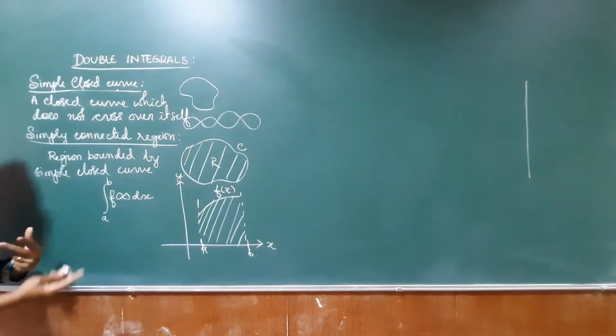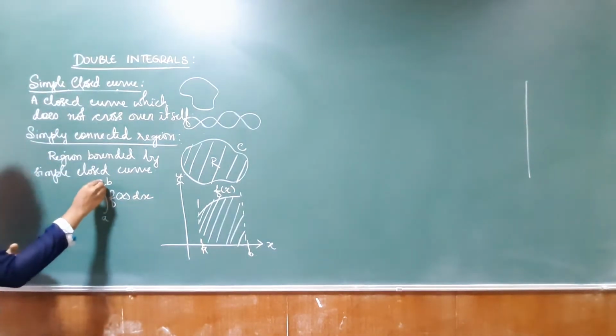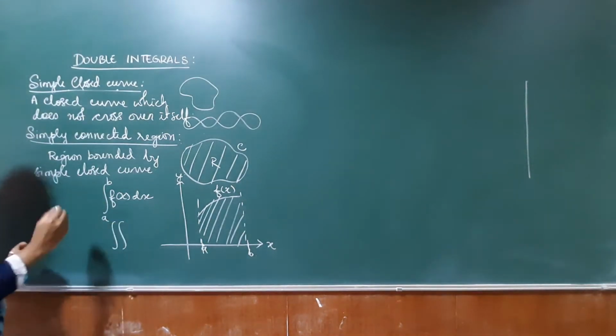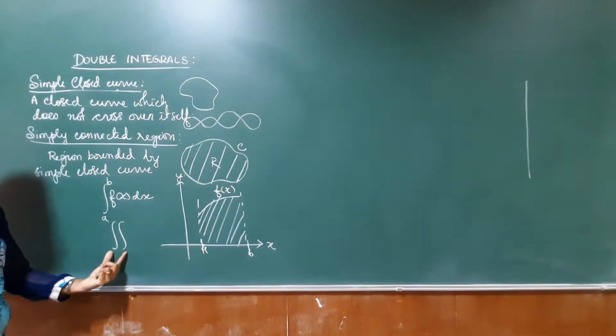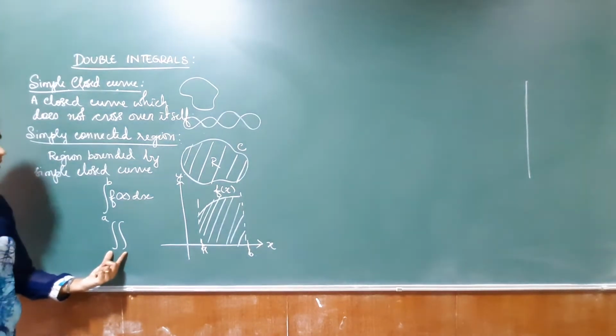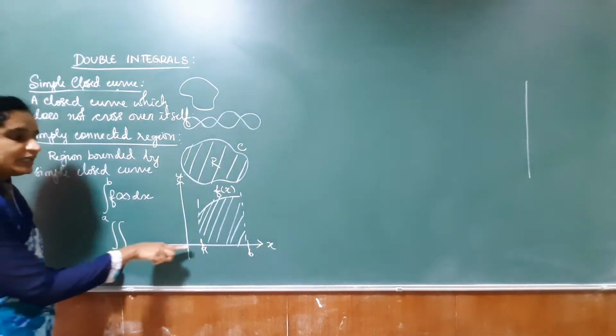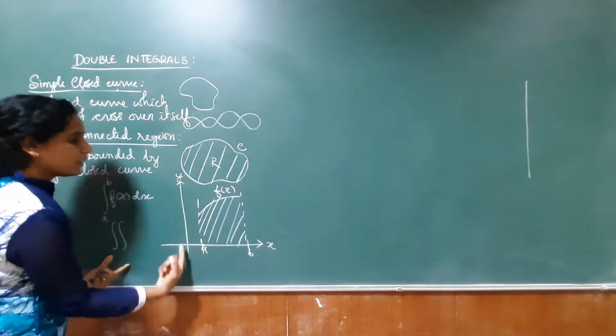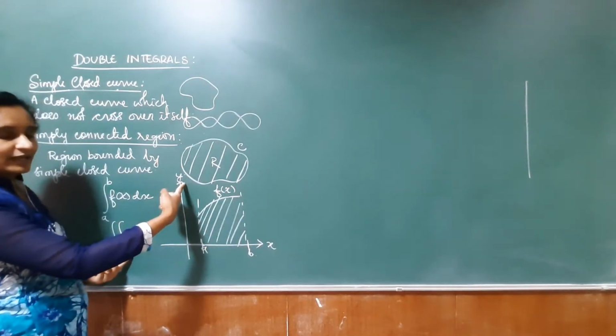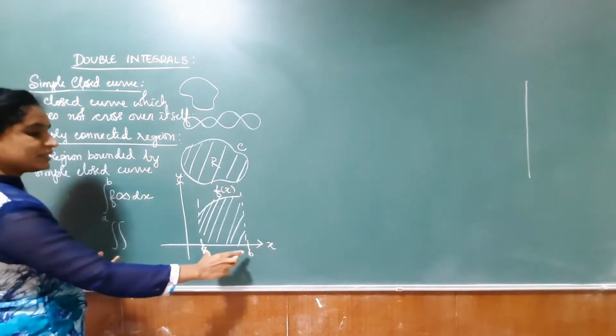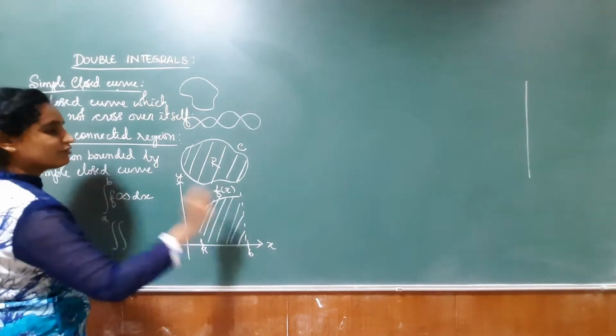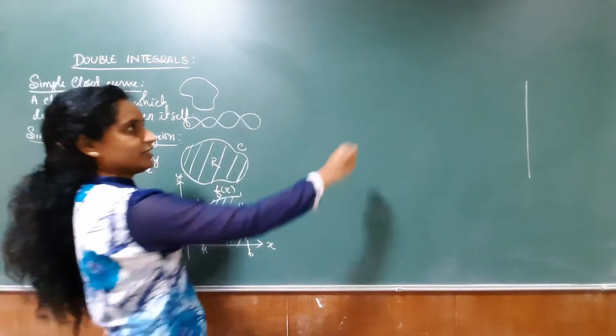When we are moving to double integrals, I have two integrals here. So I am integrating on two intervals, definite integral on two intervals. One interval along the x-axis, one interval along the y-axis, so that my region of integration itself becomes a two-dimensional region.